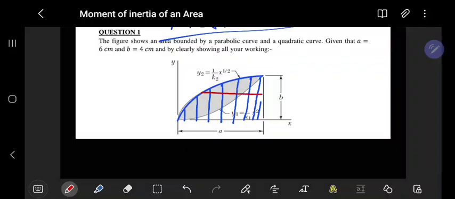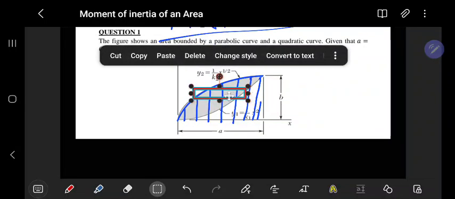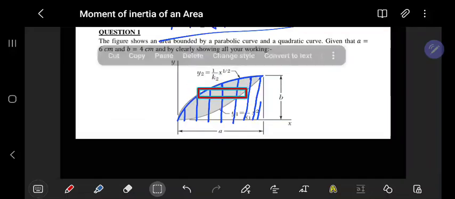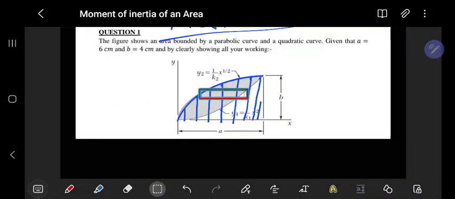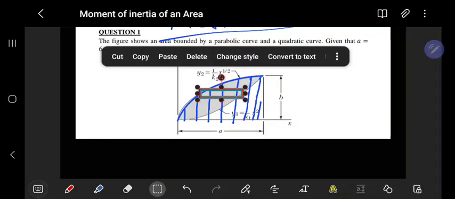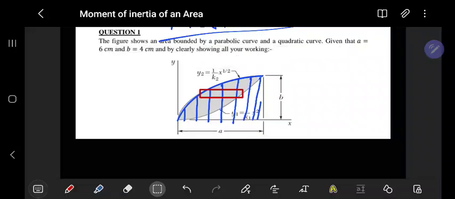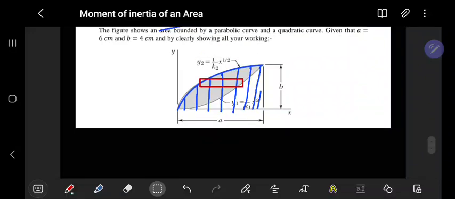Choose a differential section like we saw in another example that we did. So choose a horizontal section like this. We're not choosing a vertical section, as that will lead us into the parallel axis theorem. So we'll choose a section like this. Okay, so that is the section that we're going to select.